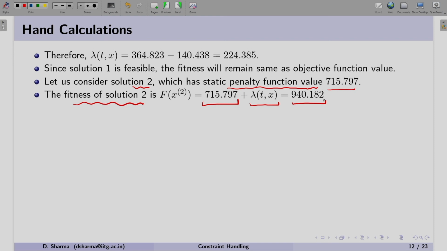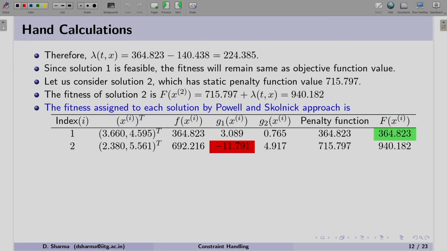So, the final fitness of solution 2 we calculate with respect to lambda, because solution 2 was an infeasible solution. By following the same procedure, we can assign fitness to each solution using the Powell and Skolnick approach here.